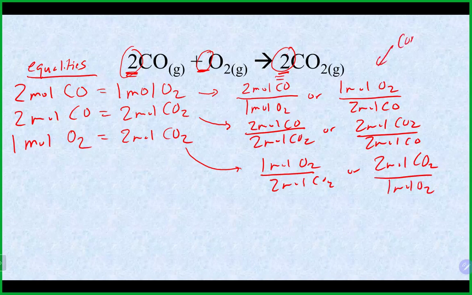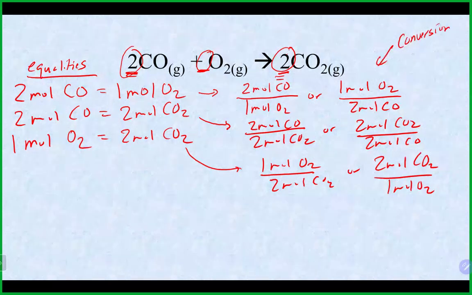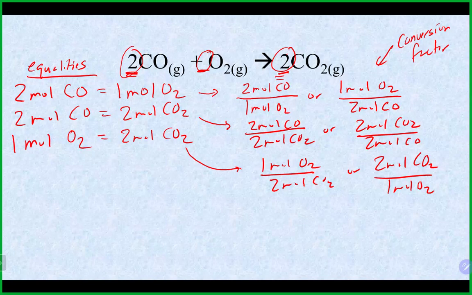So from this one balanced equation, we actually have available to us 6 different conversion factors that we could use in a problem.